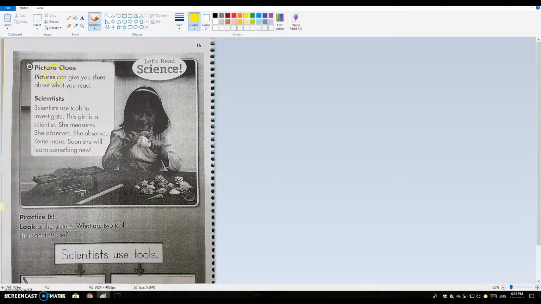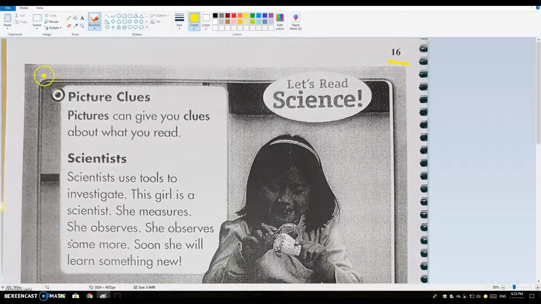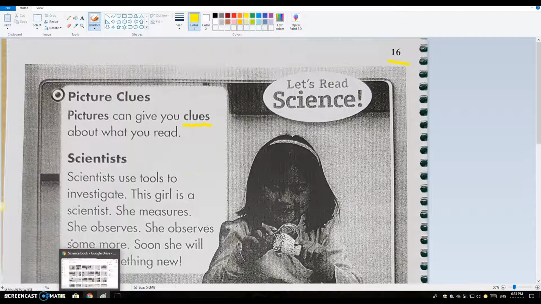Okay, page 16. It says, picture clues. Pictures can give you clues about what you read. You might be wondering, what are clues?